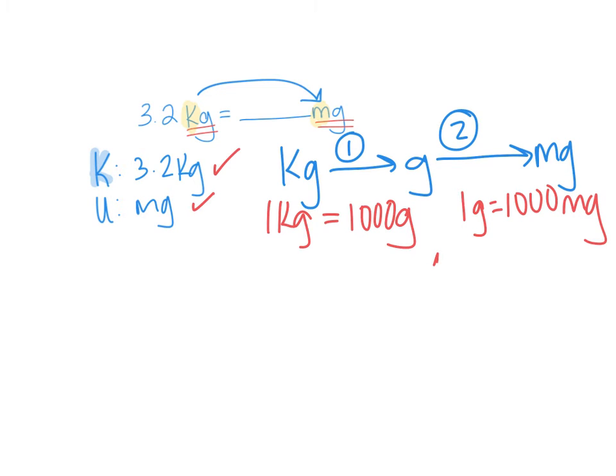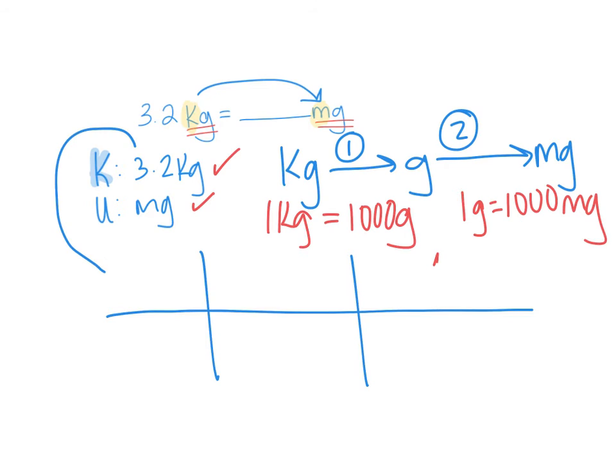All right, so let's set up our problem now. So we need to make our picket fence. Now, because this is a two-step problem, we need 2 pickets. So when I draw my picket fence, I go 1, 2. All right, we always put our known down here in the very first block. So 3.2 kilograms. I always put it over 1, or you can leave that bottom one blank.